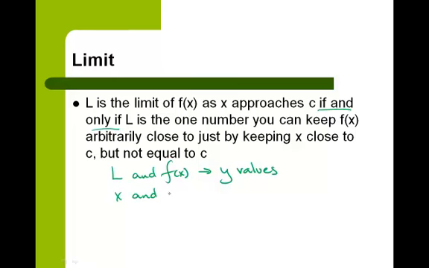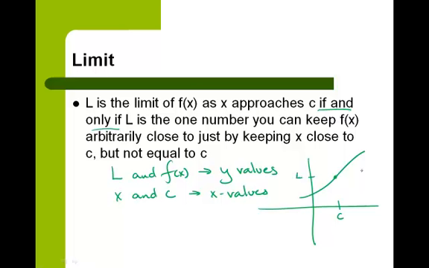X and c represent x values. So what this is saying is that as we keep x close to c, or as we bring our x values closer and closer, we are approaching a value L on the y-axis that would be called the limit. So as x approaches c, as our two values get closer and closer, my y value approaches L and stays very, very close to my limit.